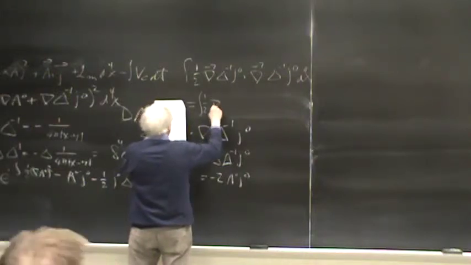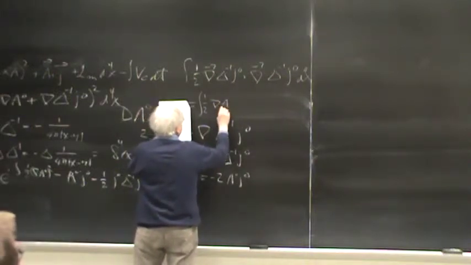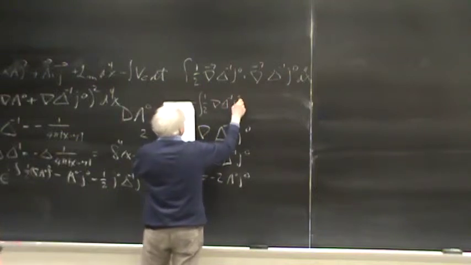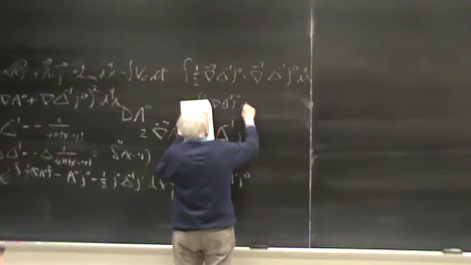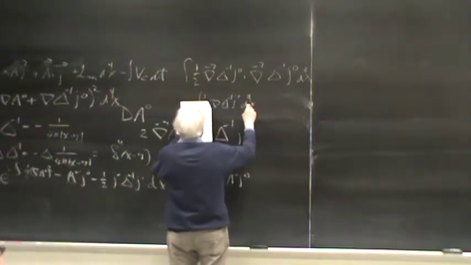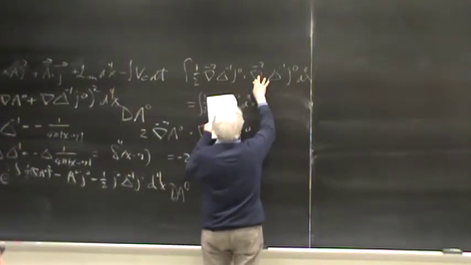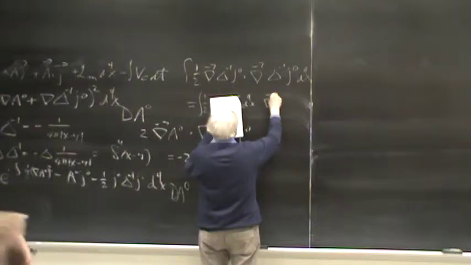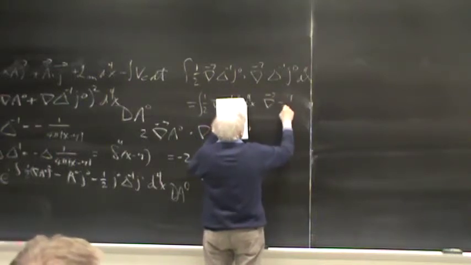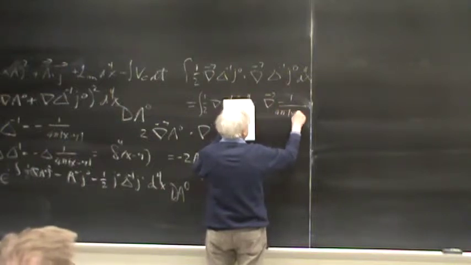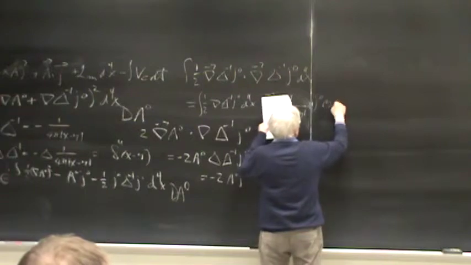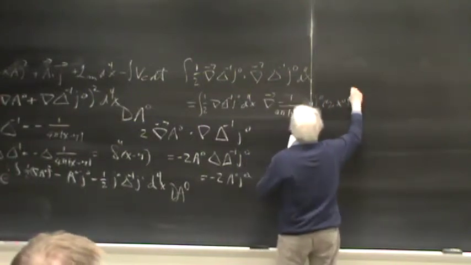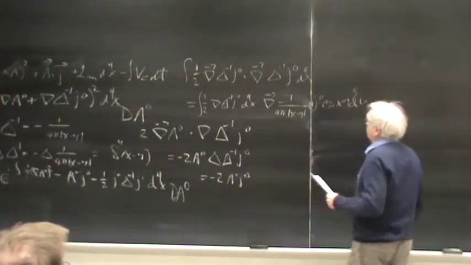This is gradient inverse Laplacian J0 d4 x, and now I'm going to write this somewhat more explicitly as gradient inverse Laplacian is minus 1 over 4 pi x minus y, J0 with y and x0, d cubed y.